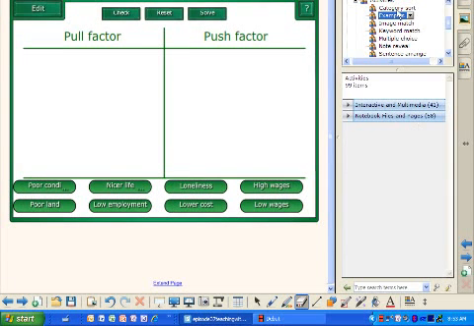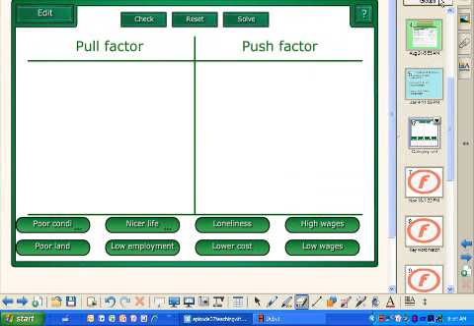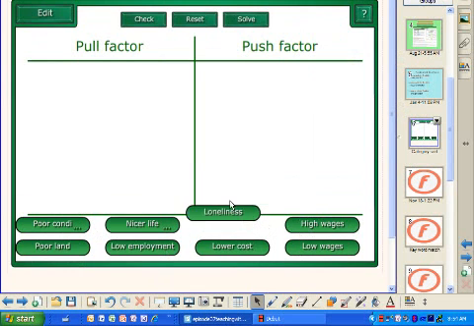And so we're just going to go through this one. You have students think about these items, talk about it, and decide where these things go. Which column? For instance, this one: is it a pull factor? Is it a push factor? I'm not sure which it is.